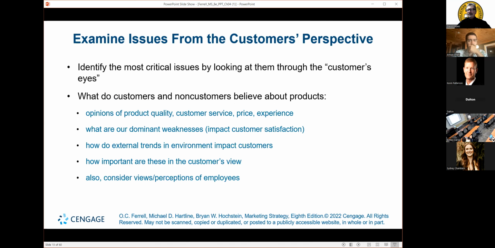So what are their opinions about the customer service, the price, the experience that they're going through? How do the external trends in the environment impact the customers and the use of their products, especially when it comes to recycled materials? These are all important things, and we need to consider the customer's views and how those affect the employees as well when we're coming up with a SWOT.